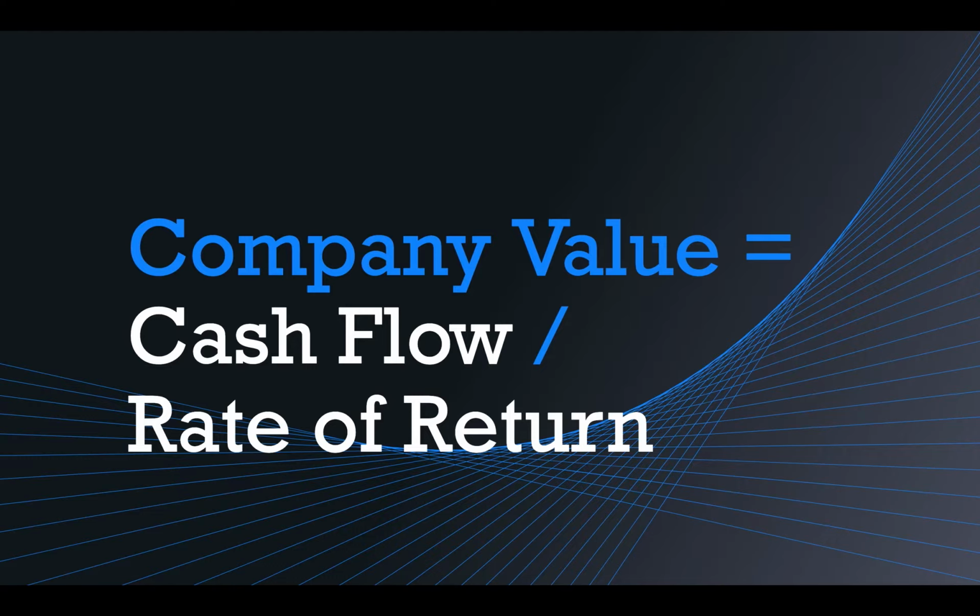However, this company is not risk-free, so it's going to be worth 1.6 or less, probably quite a bit less. You just have to figure out the chance of the company going bankrupt.